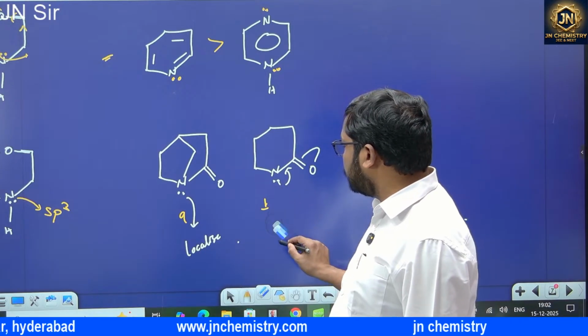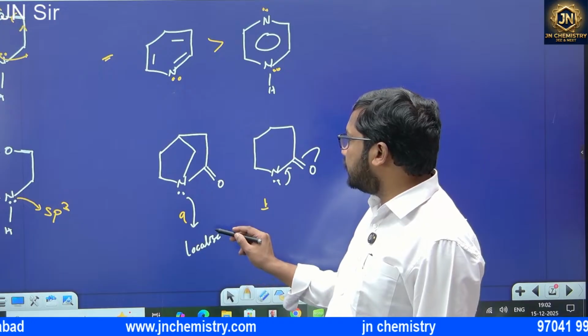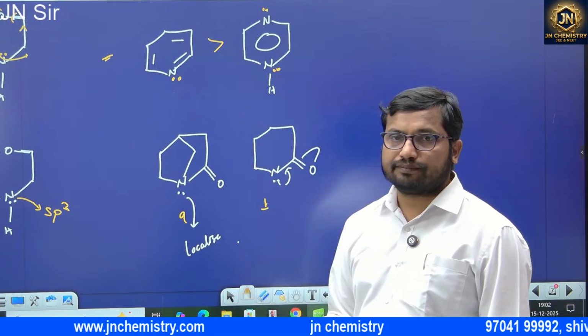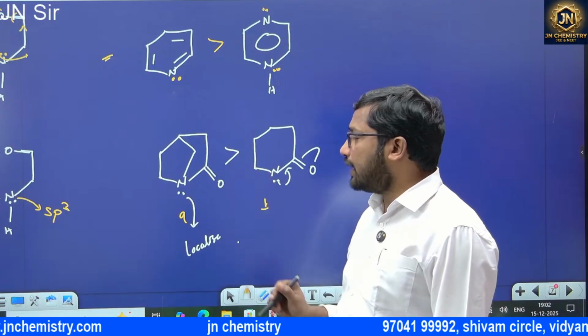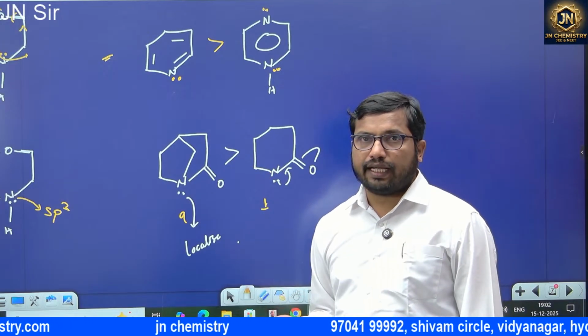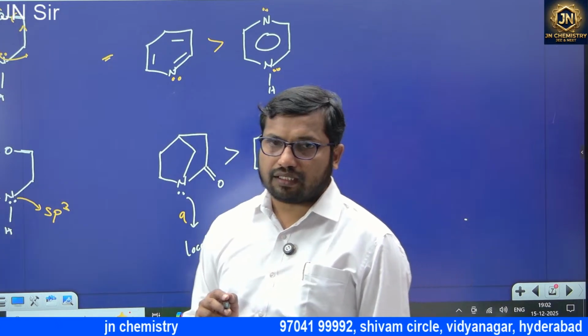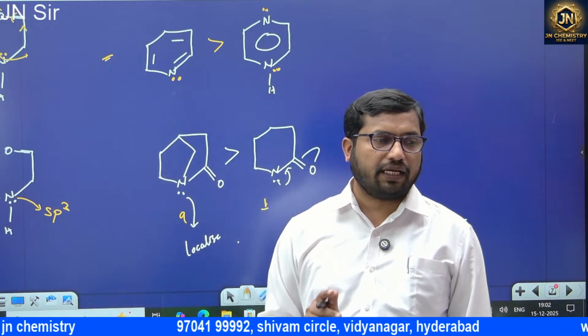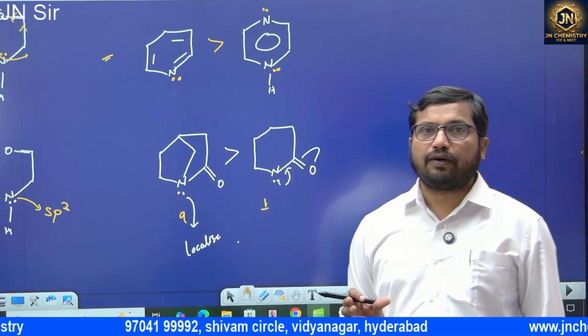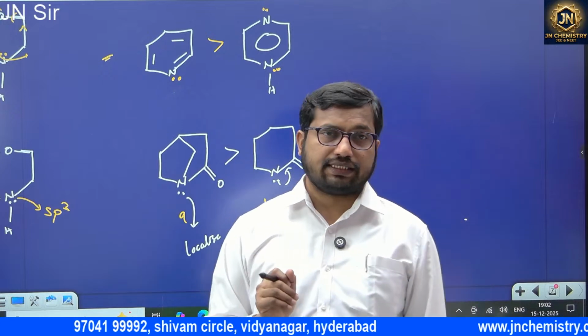In this case, no resonance. So obviously, which is more basic, A or B? A. So write it down: A, the localized electrons, are not participating in the resonance.